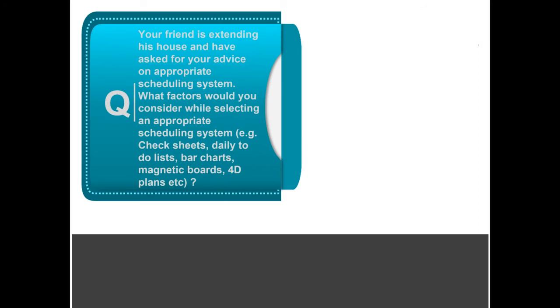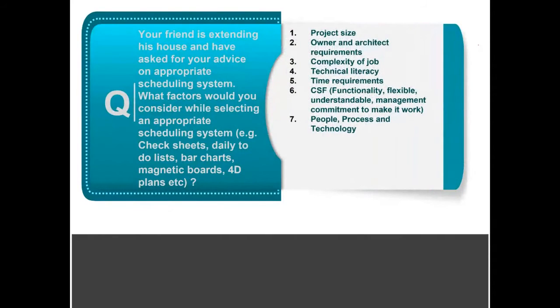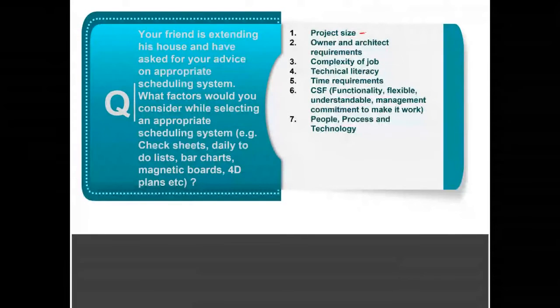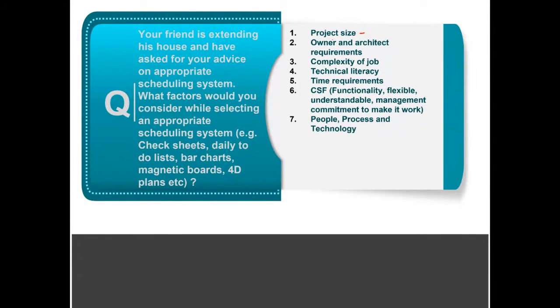Okay, so I think the suggestion is either a bar chart or a Gantt chart. Yeah, so one of the things that you have to keep in perspective is maybe the size. Now we cannot have a very heavy-duty system which is very resource intensive, very difficult to update. So if it's a simple project, as it's just a house extension, perhaps you may not need very sophisticated high-end software, but for more complex schemes, you may need to go with more sophisticated software.